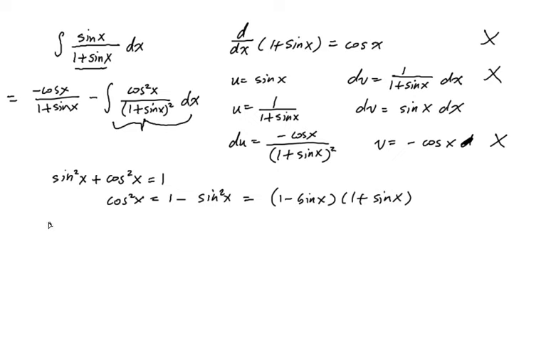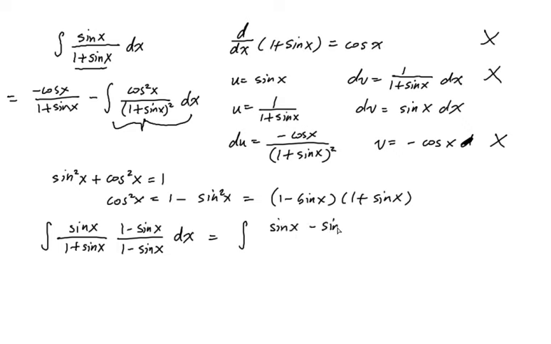So what we want to do with this integral is multiply the top and bottom by the same 1 minus sine x. For the numerator, we just redistribute.